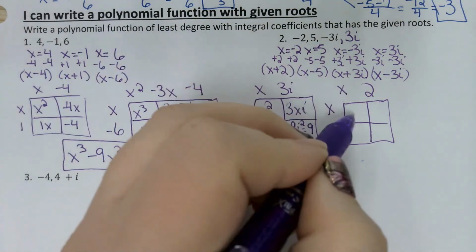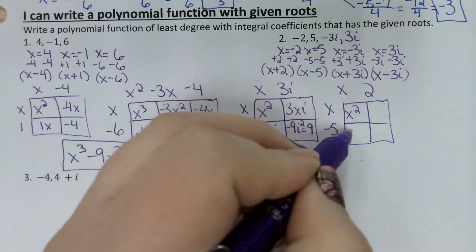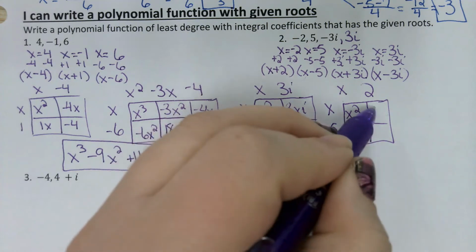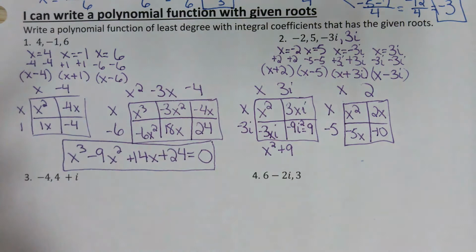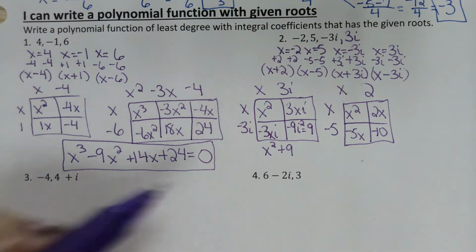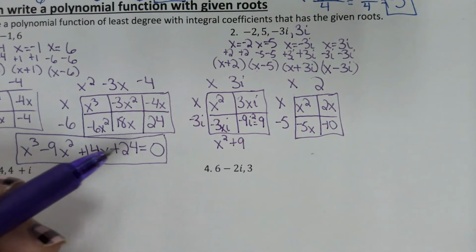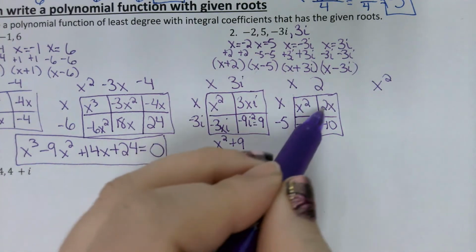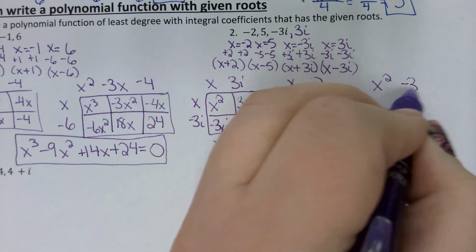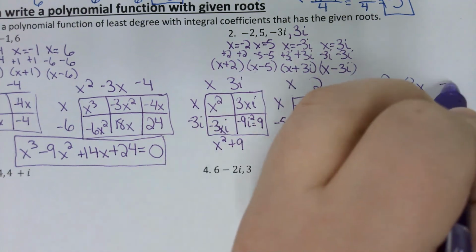So x times x gives me x squared, negative 5x, 2x, and negative 10. Combine those together, and we get x squared. These two combine together to be negative 3x and negative 10.